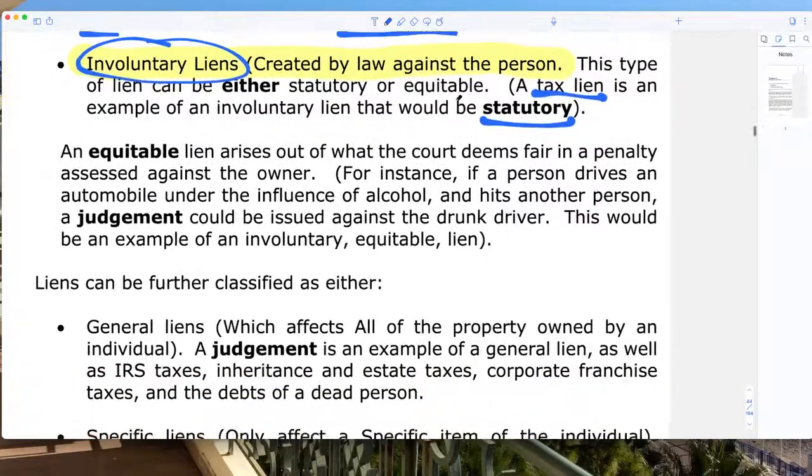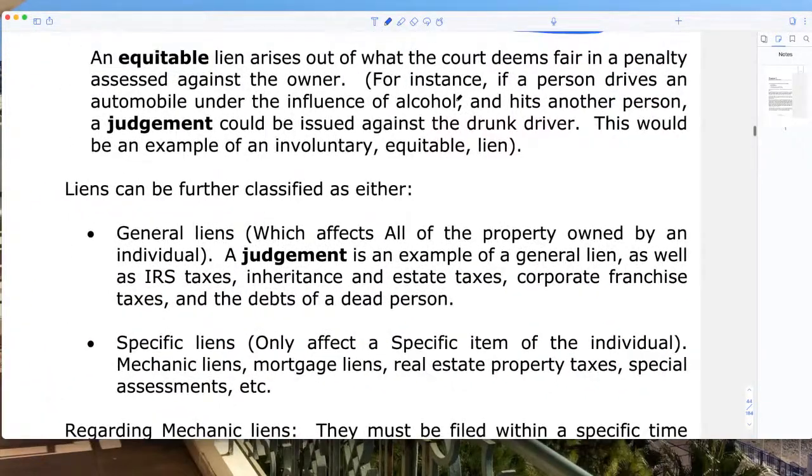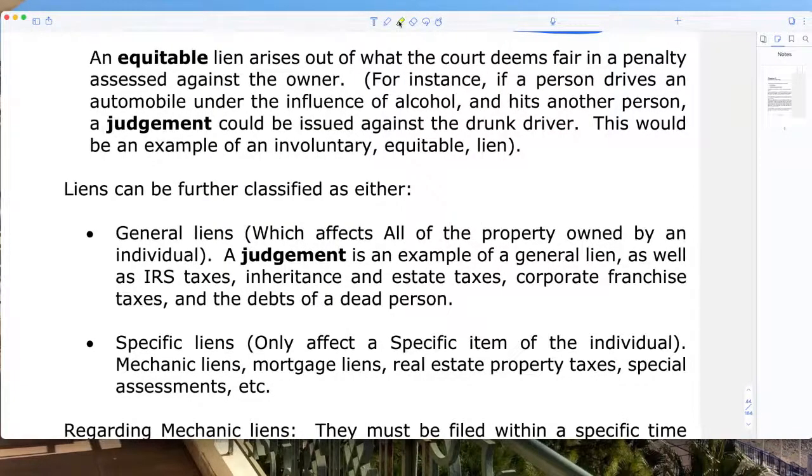Now, let's go take a look at what we call an equitable lien. And again, they're going to put these into question format. Notice an equitable lien arises out of what the court deems fair in penalty assessed against the owner.